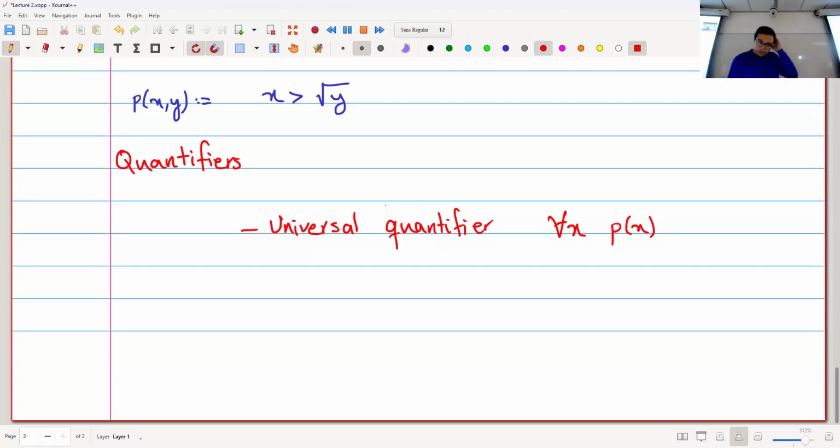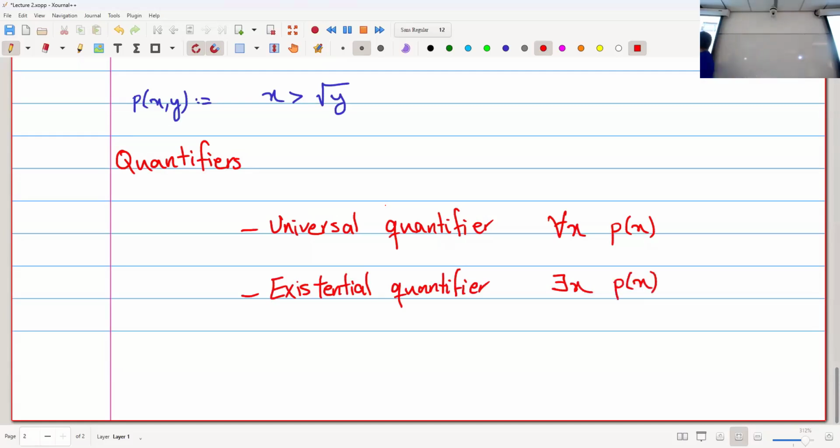Now, I also have the dual, which is the existential quantifier. We write it like this, a backward E. If I write something like this, it means that there exists at least one x such that P of x is true, such that P of x holds.